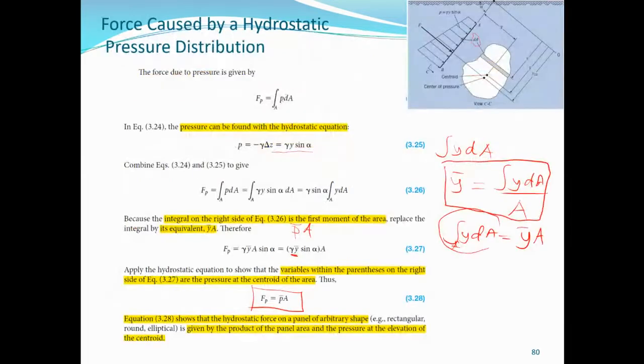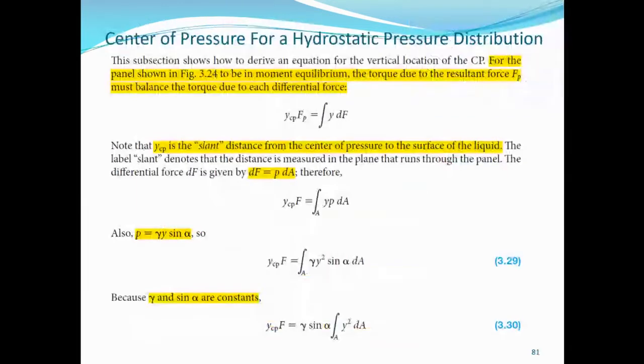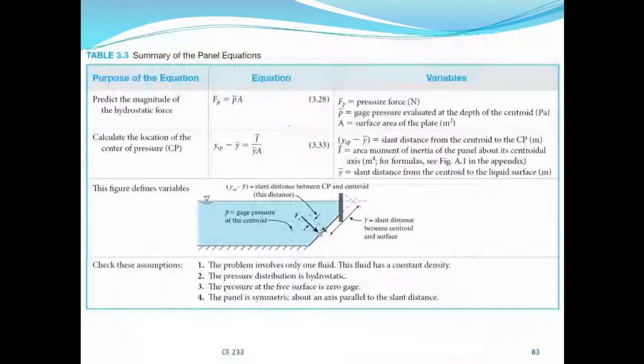If you look at this, this is the pressure force acting, F subscript P. The moment due to the resultant pressure force acting at this point is equal to the moment due to the individual elements, that is dF, acting on the body.